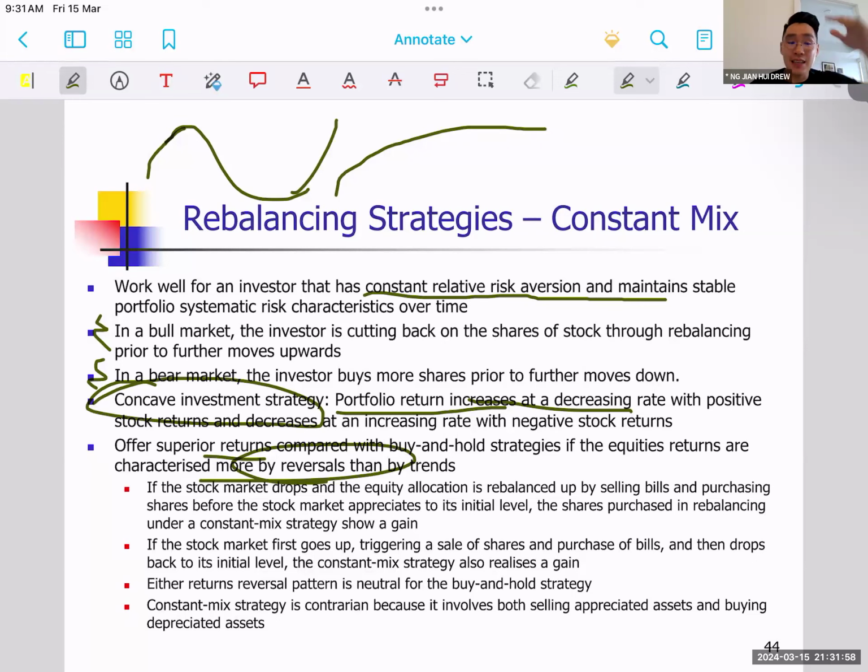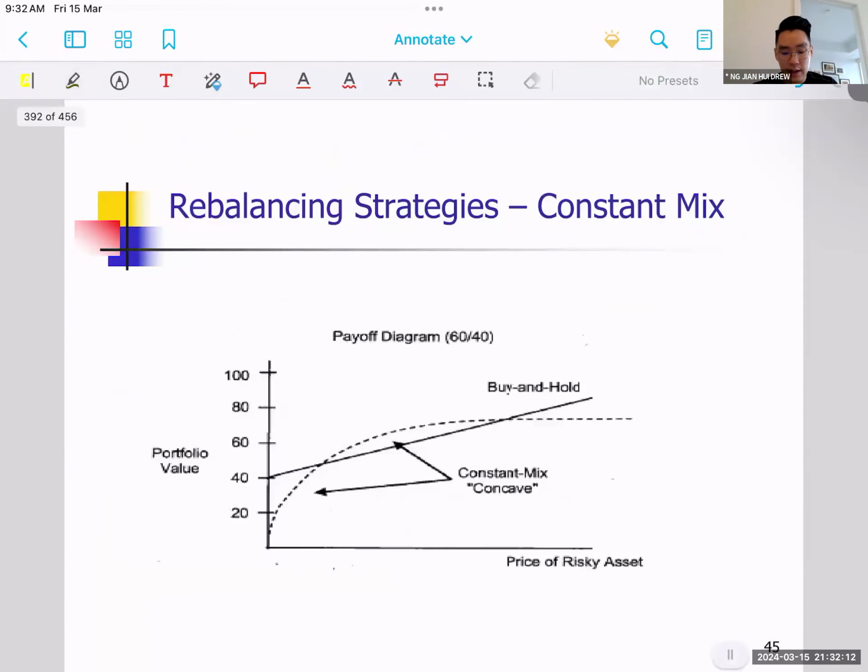That's what it's called, when there's an increase and decrease, or reversal pattern. The pictorial version of a constant mix strategy, like I drew earlier, is a concave strategy and it's flat because you are increasing at a decreasing rate.